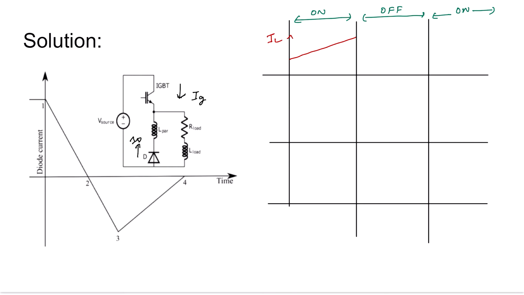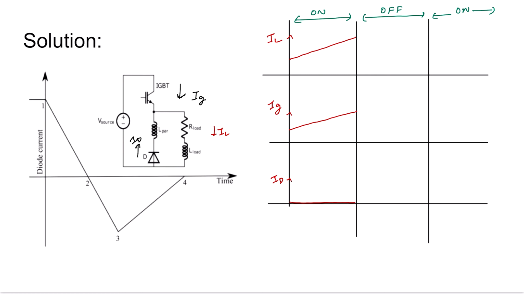Let us draw the IGBT current IG during the same on interval, as IG is equal to IL. It will follow the same IL curve. Now let us draw the diode current ID during the same interval. As the diode is reverse biased when the IGBT is turned on, the current through the diode is 0.